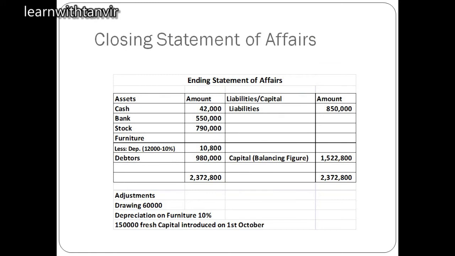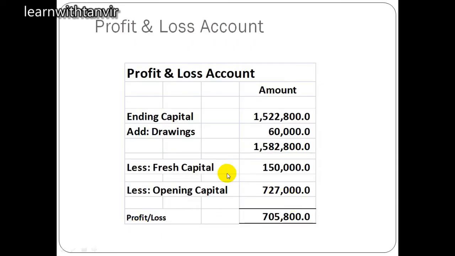Depreciation has been adjusted in the ending statement of affairs, but drawings and fresh capital will be adjusted in the profit and loss account. To the ending capital we have added back 60,000 rupees because it was part of capital. Our client has drawn it for his personal expenses. Now this figure, 1,582,800, is actually the ending capital.